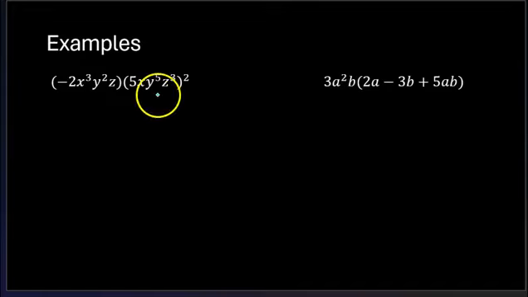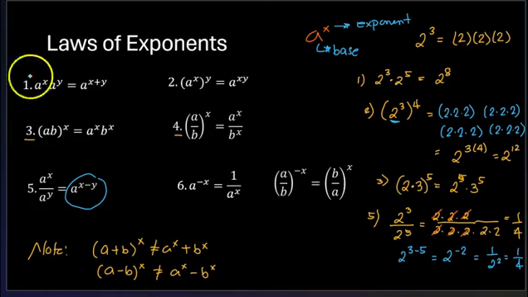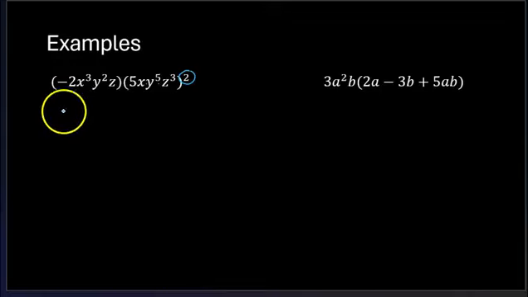So for the first example here, I have a monomial times a monomial. One term, one term. If you look at the second one here, I have a squared. Look, they are all multiplication, so I can apply the law of exponent number 3. I can multiply the exponent to each of the exponents here. So what will happen?